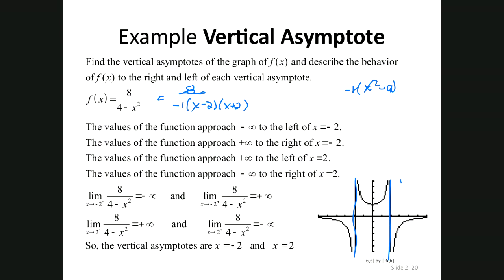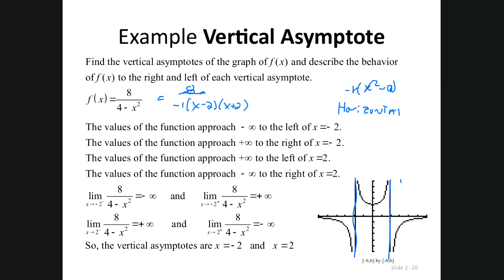Okay, here's the next question. So I just found the vertical asymptotes, right? What is a horizontal asymptote? And could you find that without the graph? Looking at the graph, we can tell what the horizontal asymptote is.